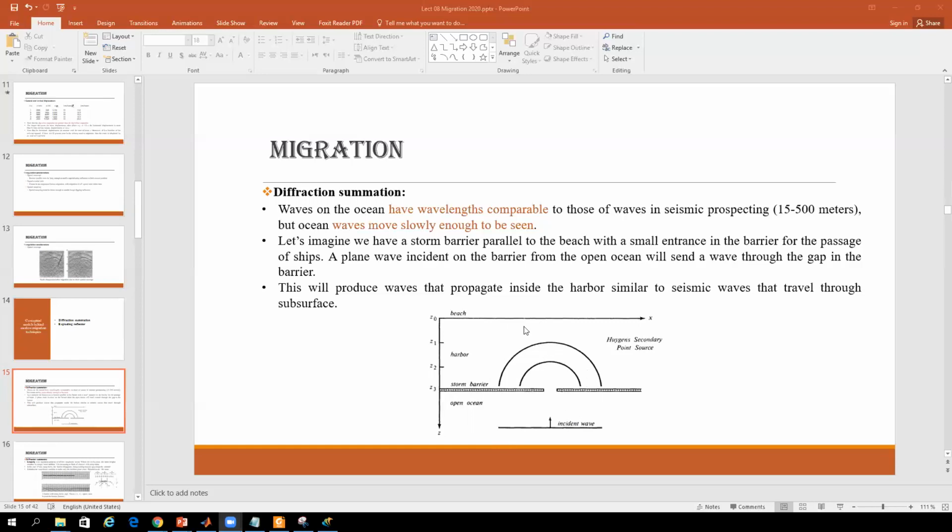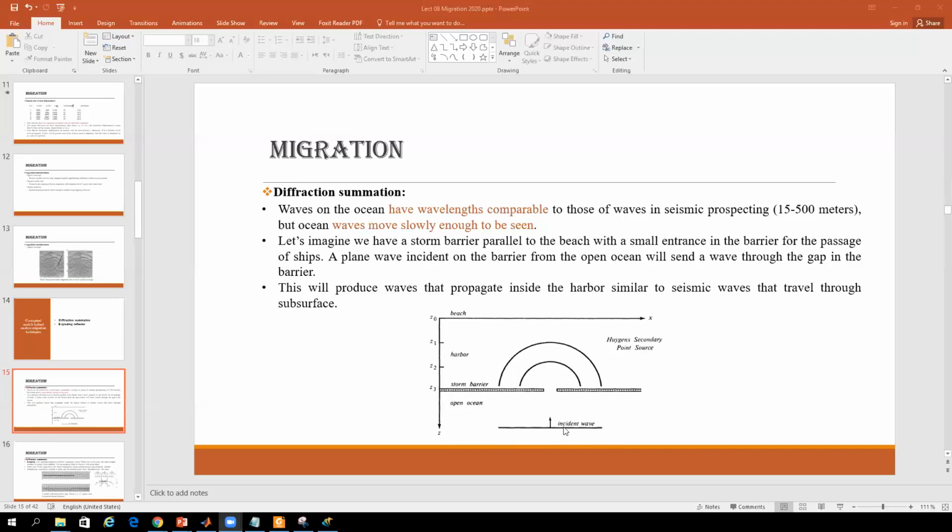In this space, the ships, vessels or boats can enter an area which is quite calm from any ocean waves or storms.